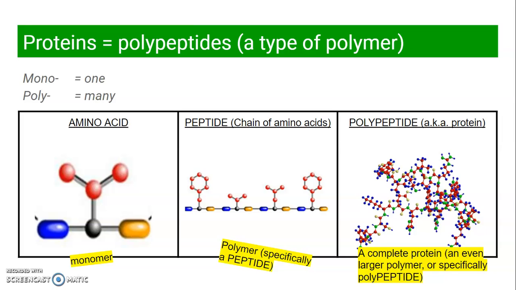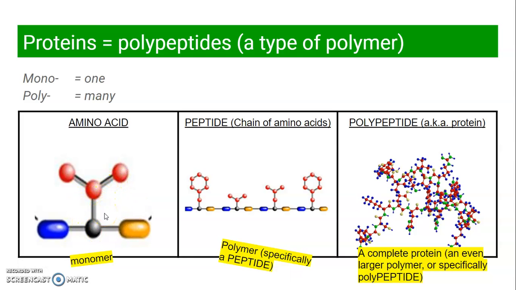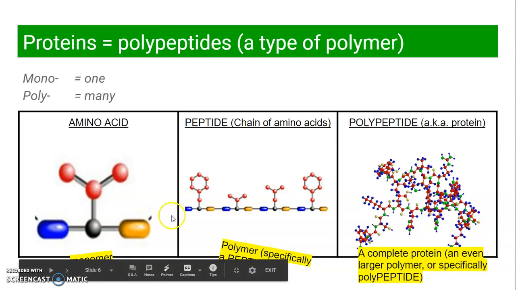In this case, it's an amino acid being connected into a peptide, but another monomer would be glucose, for example, or simple sugar molecules. That would be a monomer. And you can connect a number of those together to form starches and other carbohydrates, and that would be your polymer. So a larger macromolecule created by connecting lots of smaller molecules.